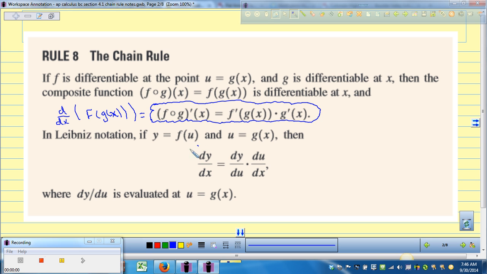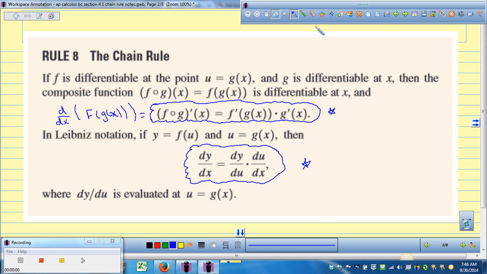And then the way that we saw it on the other screen, right. So this is using function notation, and then in Leibniz notation, we end up with dy dx equals dy du times du dx. So this and this is what I would like you to have in your notes. This one you already have from the previous page. All right, let's go see how to use this.